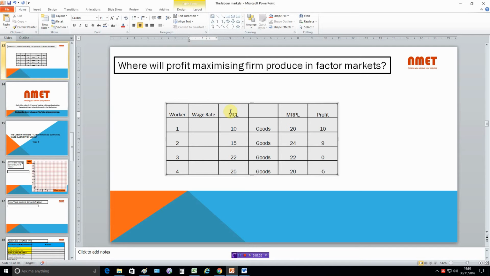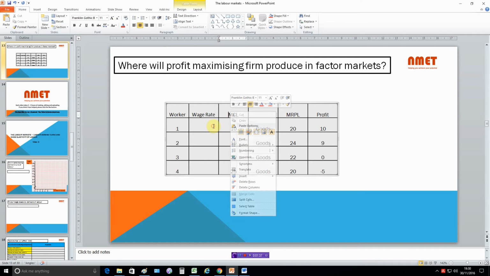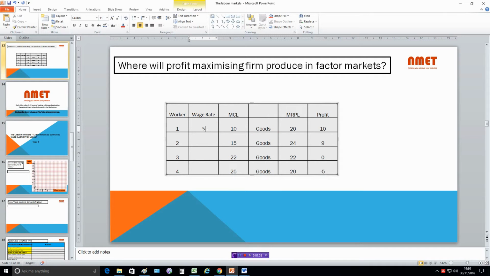The average wage rate is £5, £6, £7, £8.